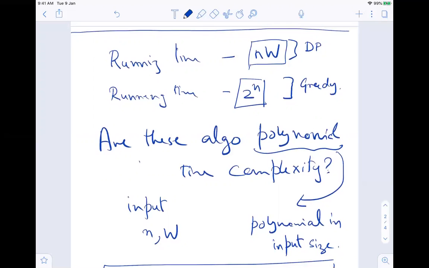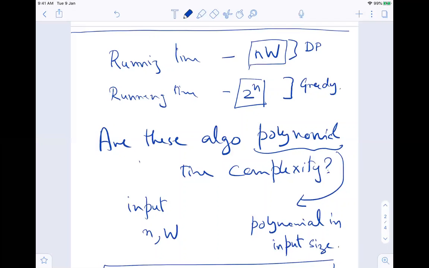Maybe I can repeat it again. Whenever the running time of the algorithm is a function of the input size, it is not a function of n, it's a function of the input.